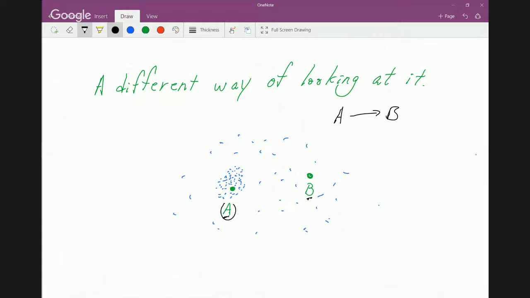From point A, everything in this neighborhood, everything it really sees, is very, very close to it. So within its own neighborhood, it's only really this big.